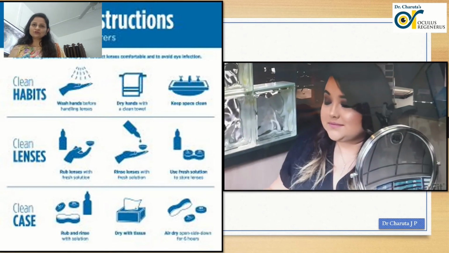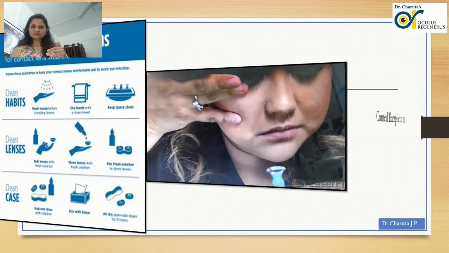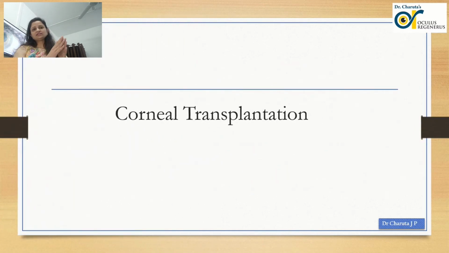Now the next thing I'm going to talk about after contact lenses. Again, like I said, it's a spectrum of management. Not all patients are going to need corneal transplantation, and not all patients are going to do well on glasses. So at a point, there may be a requirement of changing the cornea. So if you have a keratoconus cornea which is very steep, or which is very scarred, or in which even a contact lens is not giving you good vision.